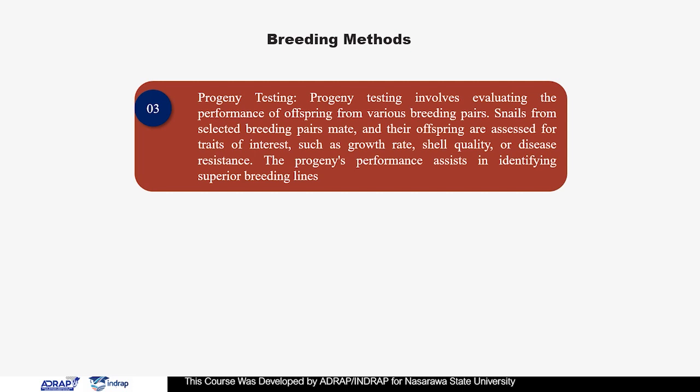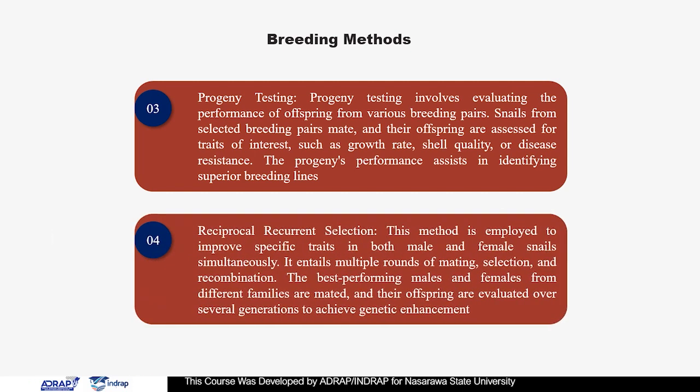The progeny performance assists in identifying superior breeding lines. Reciprocal recurrent selection. This method is employed to improve specific traits in both male and female snails simultaneously. It entails multiple rounds of mating, selection, and recombination. The best performing males and females from different families are mated, and their offspring are evaluated over several generations to achieve genetic enhancement.